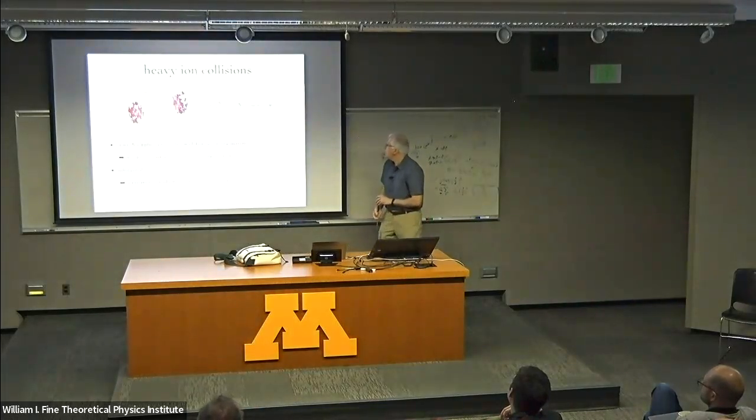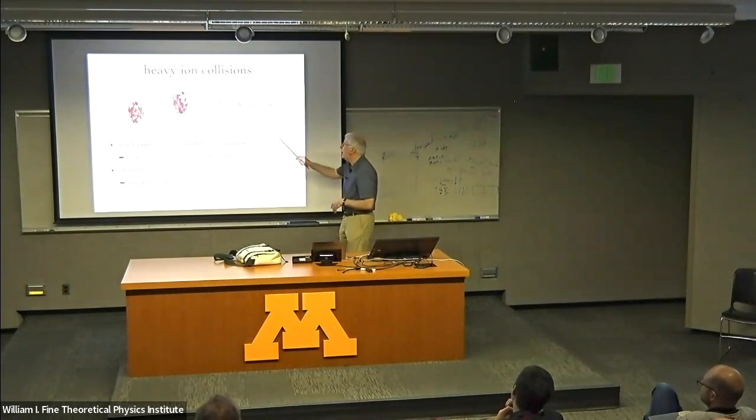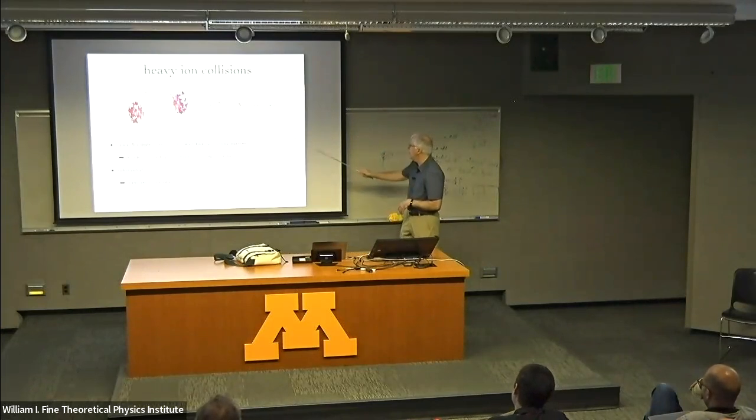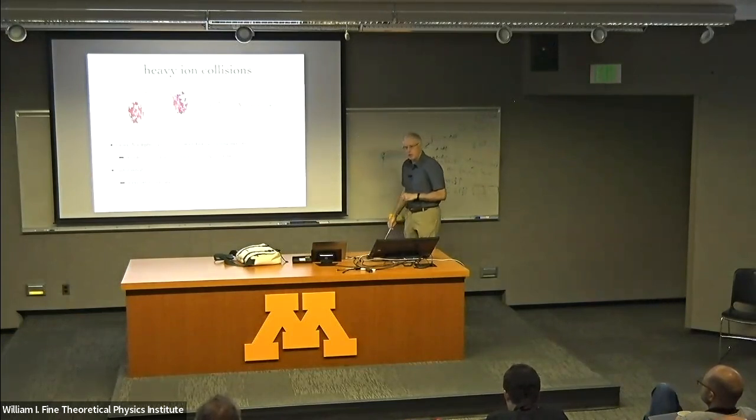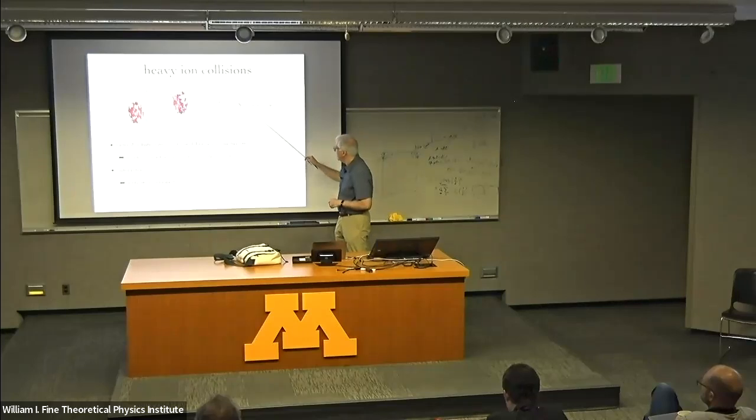Okay, I won't say too much about this except to say you measure lots of things of what comes out in heavy ion collisions. One is the angular distribution of particles that come out. You can expand it in a Fourier series, calculate different coefficients.